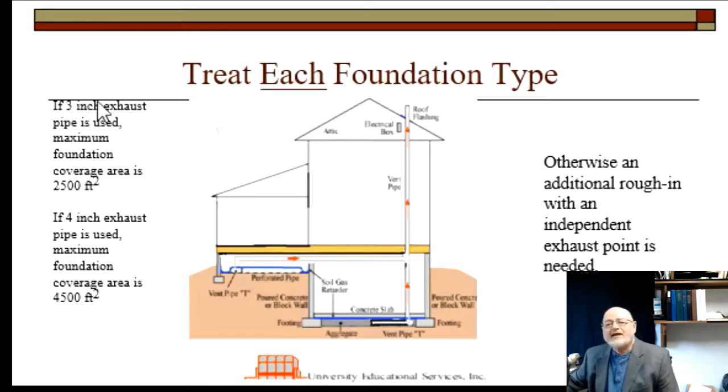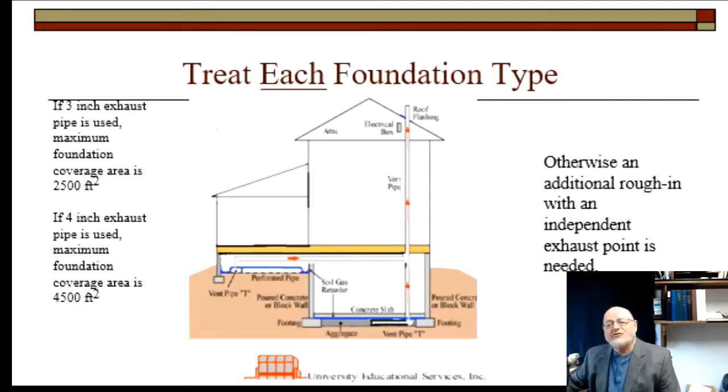And if you're using 3-inch diameter exhaust pipes, then the maximum foundation area that you can cover with that is 2,500 square feet. That is, if you're looking at a 3,000 square foot house and you're using a 3-inch exhaust vent, then you're going to need what it says here, an additional rough-in with an independent exhaust point.